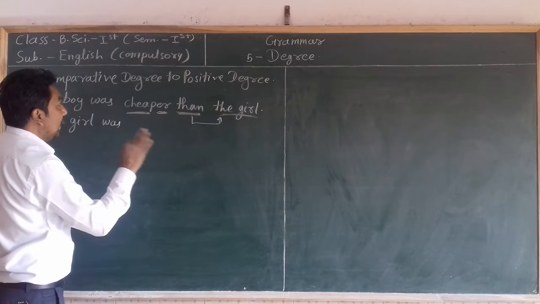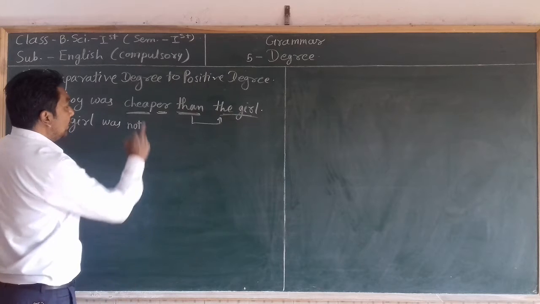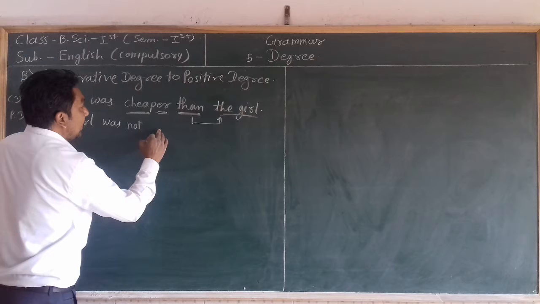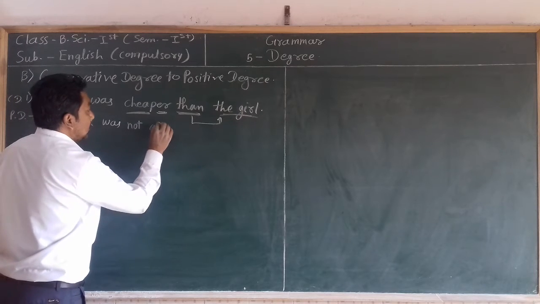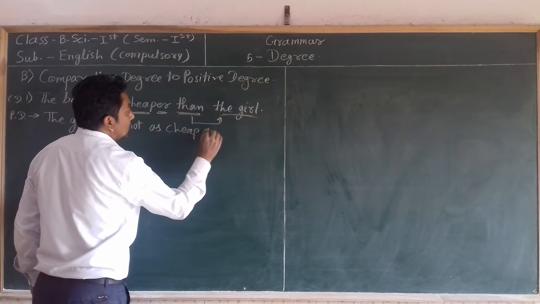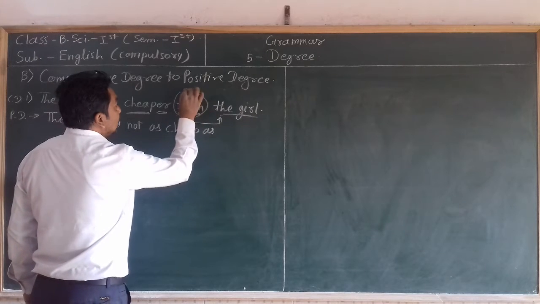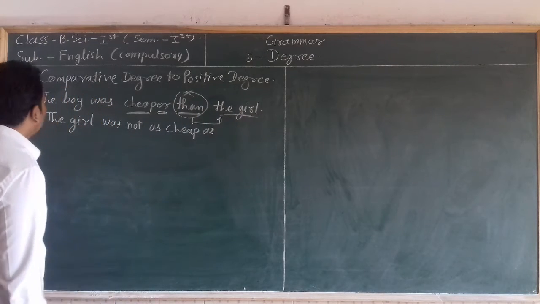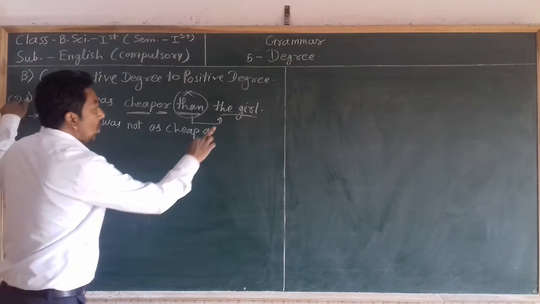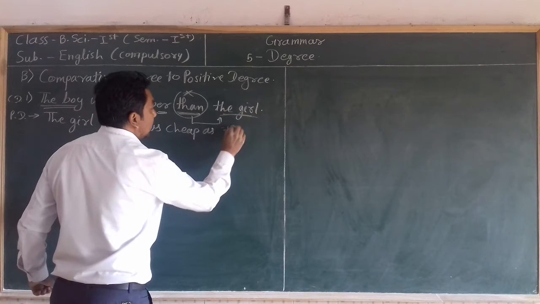Here is not given any negative word, so use not here. Then take the original form of the adjective between as. So what is the original form of cheaper? It is cheap. So we have written the original form between as. Then take out the word than from the sentence, and then write the subject of comparative degree as the object of positive degree after as: the boy.